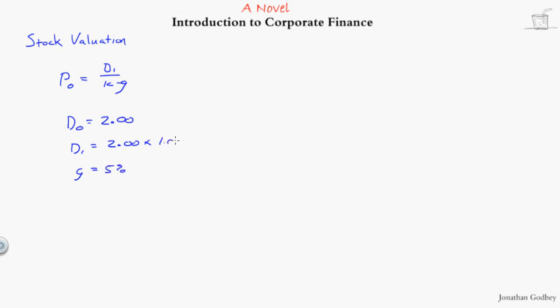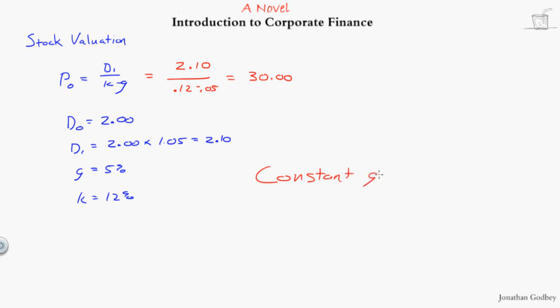So that's times 1.05. It's equal to $2.10. K was equal to 12%. So I can say this is equal to $2.10 divided by 0.12 minus 0.05. That's equal to $30. This is all assuming constant growth of the dividends.